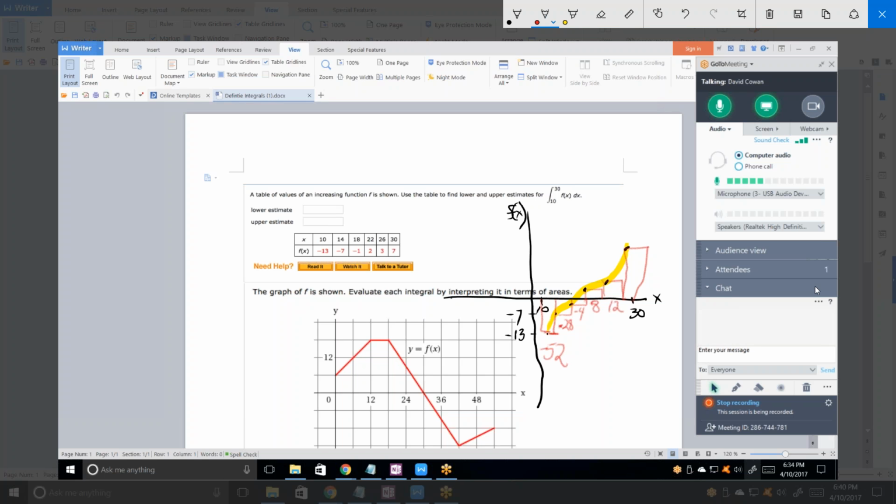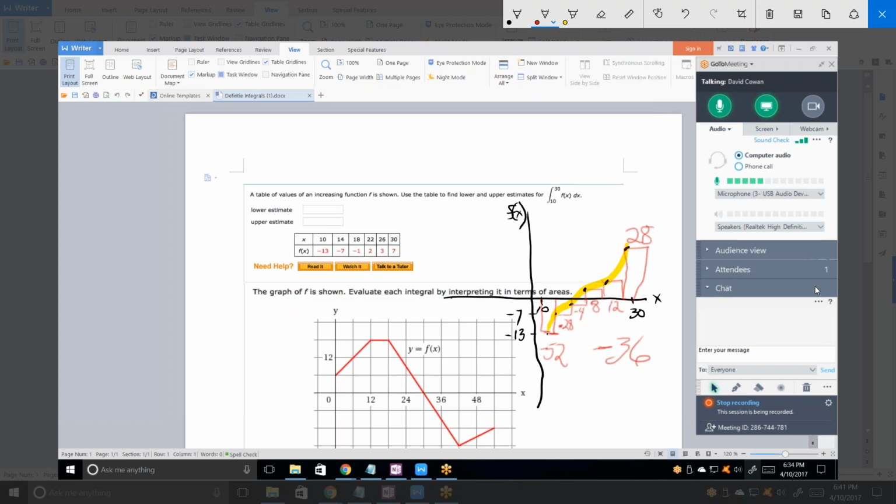This one is 4 units wide, 7 high, that's plus 28. So if we add up all of those numbers, the 28s cancel. We get minus 56 and plus 20. So the red is minus 36.